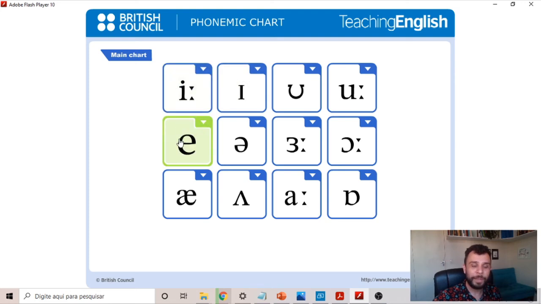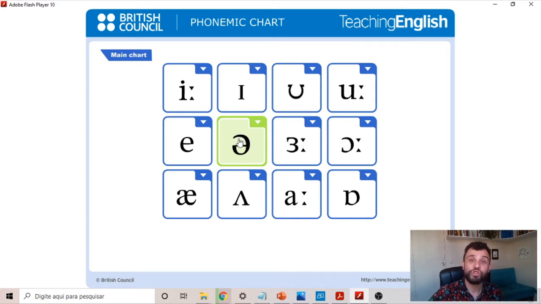And then the vowel as in head, bet, said. Pay attention to the next sound, because this is the most common sound in English. It has a name.